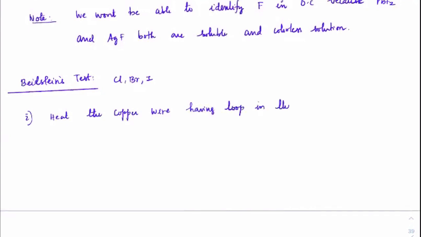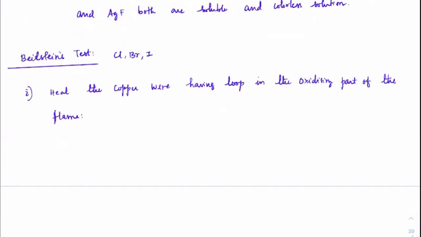We take the copper wire, having a loop, in the oxidizing part of the flame. What does this mean? Suppose this is the flame that is coming. In the flame, we always have two parts.